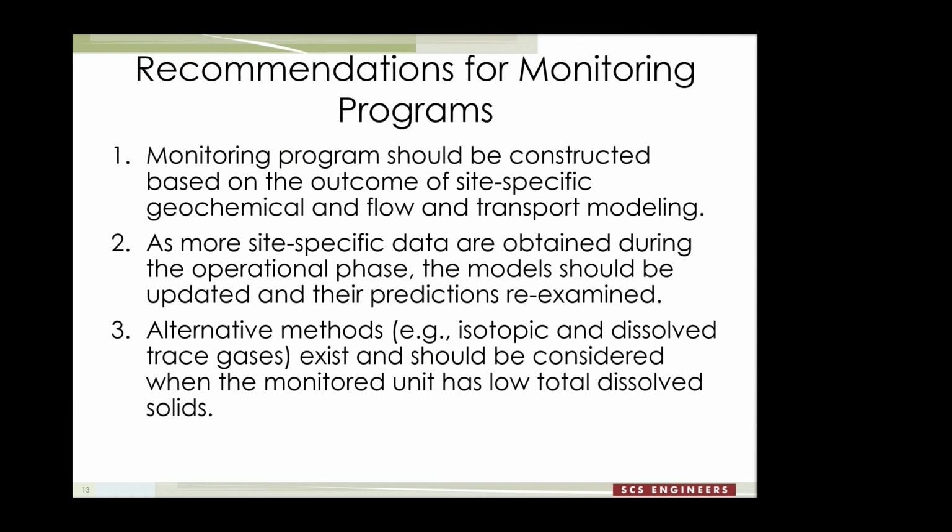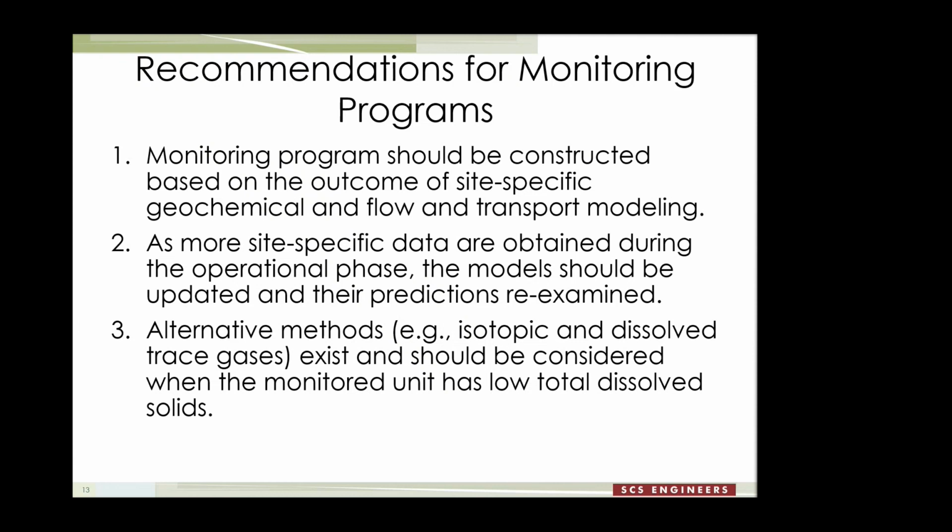We also conducted a thorough literature review of research done over the past couple decades on the testing and monitoring of groundwater, specifically in relation to CO2 leakage from storage units, as well as a review of previous successful Class 6 applications. We used both as the basis for this list of recommendations for developing a monitoring program that's both robust and cost effective. The first few recommendations on this slide mainly go hand in hand with EPA's regulatory guidance.